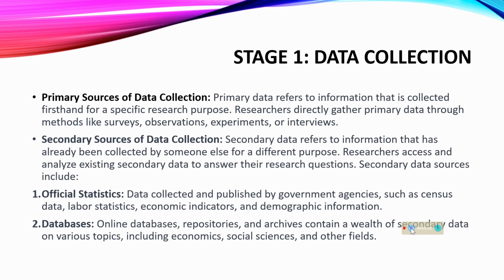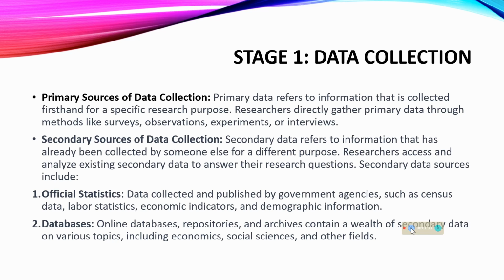On the other hand, secondary data refers to information that has already been collected by someone else for a different purpose. Researchers access and analyze existing secondary data to answer their research questions. Secondary data sources include official statistics, for example, data collected and published by government agencies, such as census data, labor statistics, economic indicators, and demographic information.